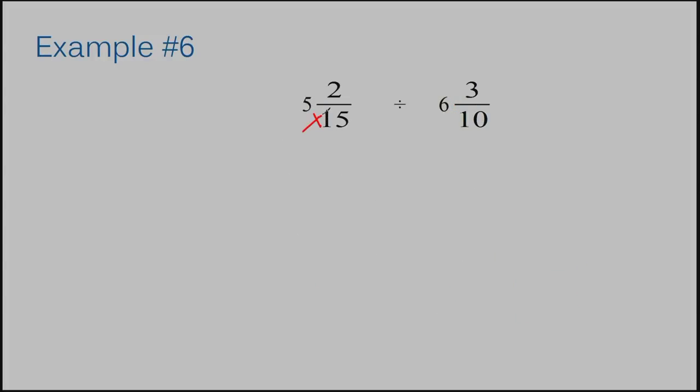Let's make this an improper fraction. 15 times 5 is 75. 75 plus 2 is 77. And that goes over 15. Ten times 6 is 60. 60 plus 3 is 63.